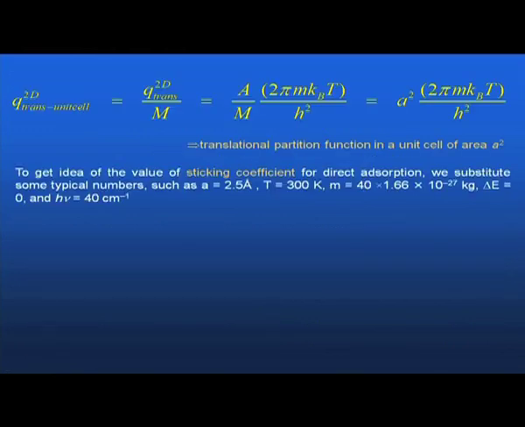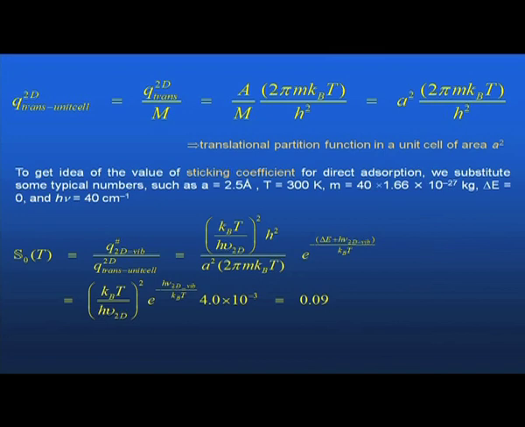Next is Q translation of the unit cell in 2 dimensions, which is basically this Q trans divided by m. So, unit cell means a squared cell in 2 dimensions.